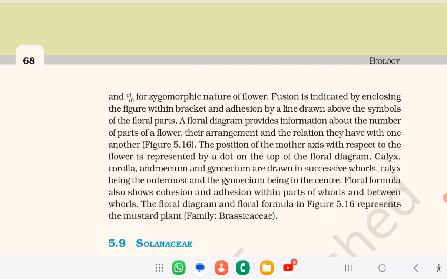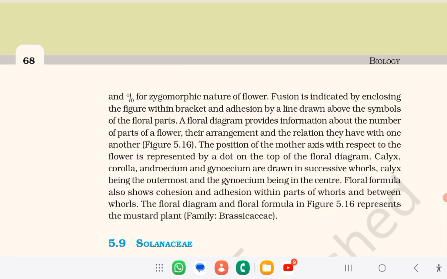Calyx, corolla, androecium, and gynoecium are drawn in successive whorls, calyx being the outermost and gynoecium being in the center.